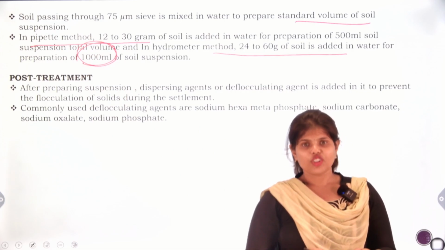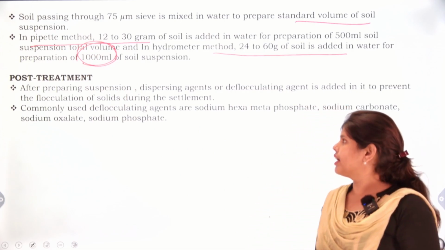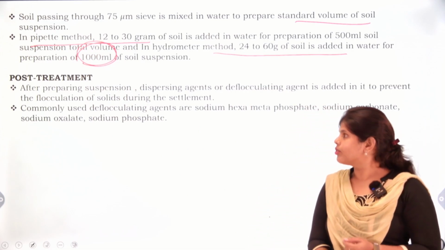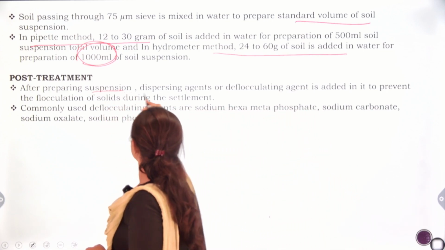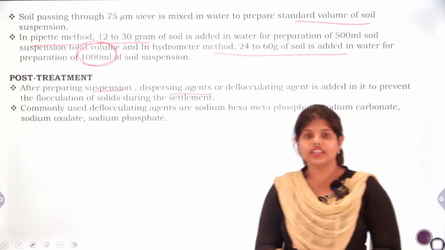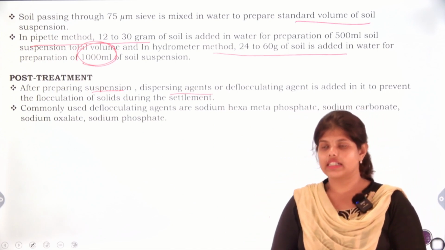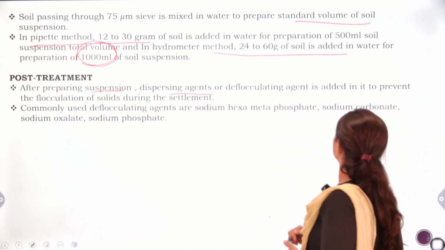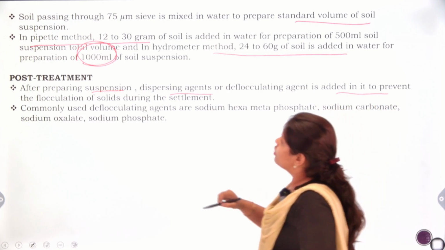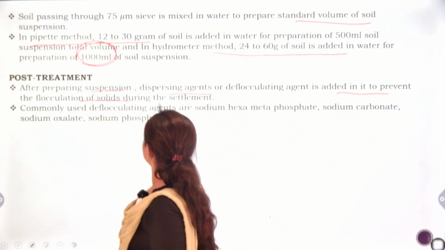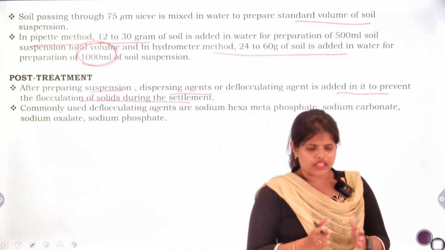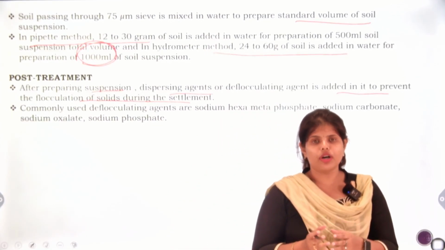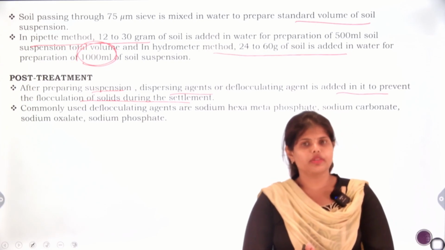So we have conducted the pre-treatment and the procedure. Now, the post-treatment. After preparing the suspension, a dispersing or deflocculating agent is added to prevent flocculation of the soil during settlement, as bonds form after pre-treatment.